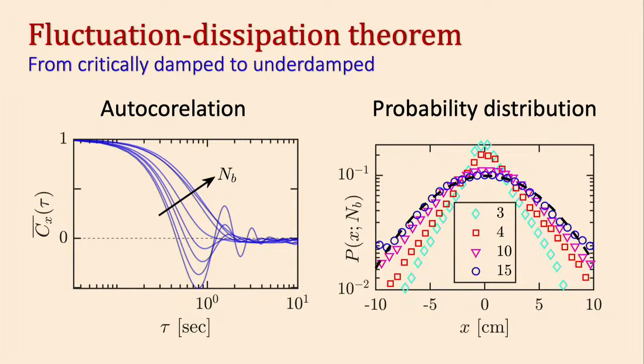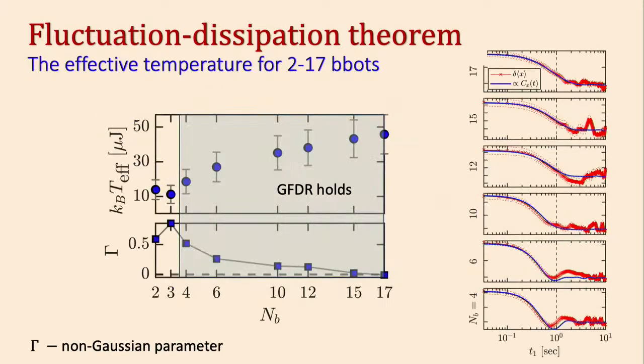And you can extract from there the effective temperature. But also, when there are a few bots, it's completely not Gaussian, and still the idea of the effective temperature, the autocorrelation at zero time, still works. So the noise can be colored, and the PDF can be non-Gaussian, and we are still fine with this.